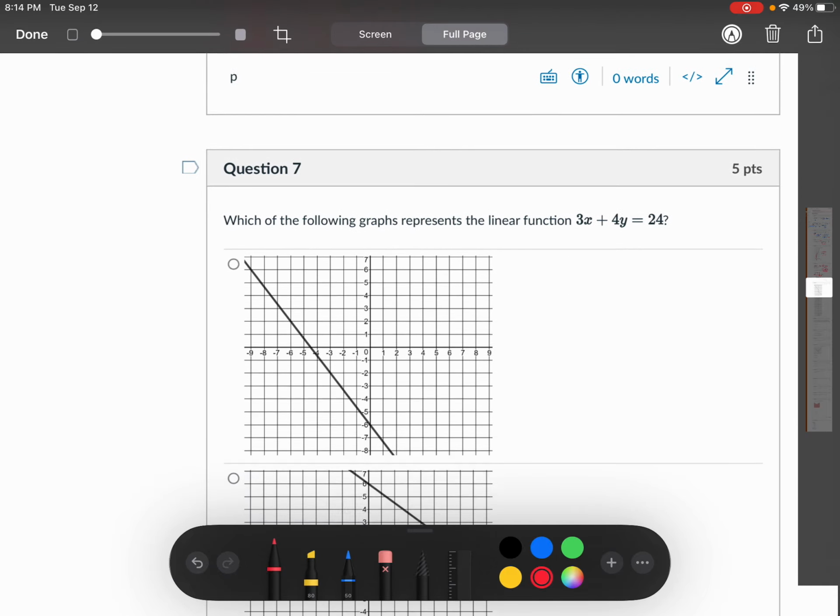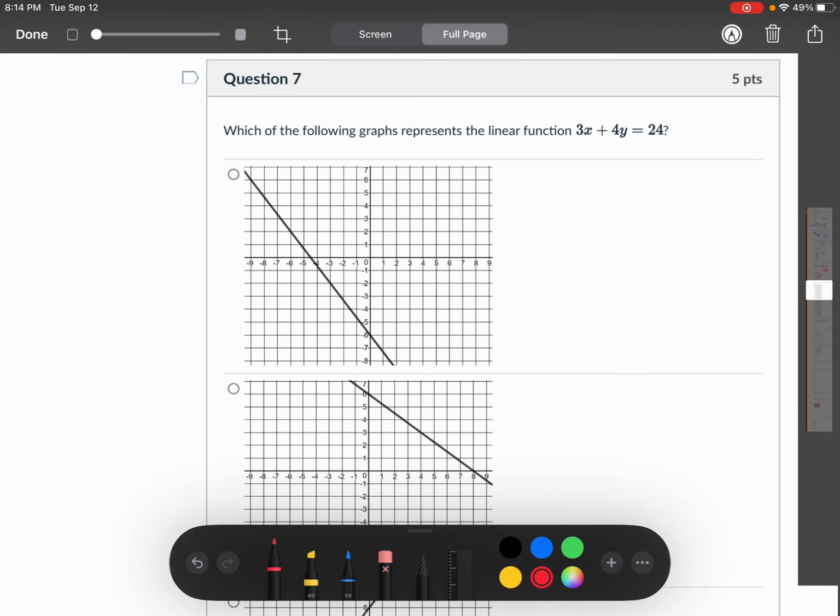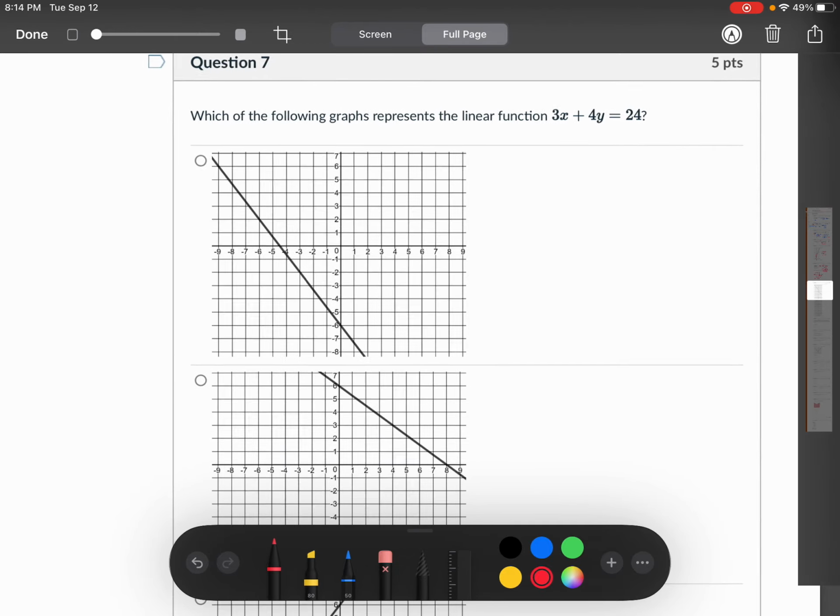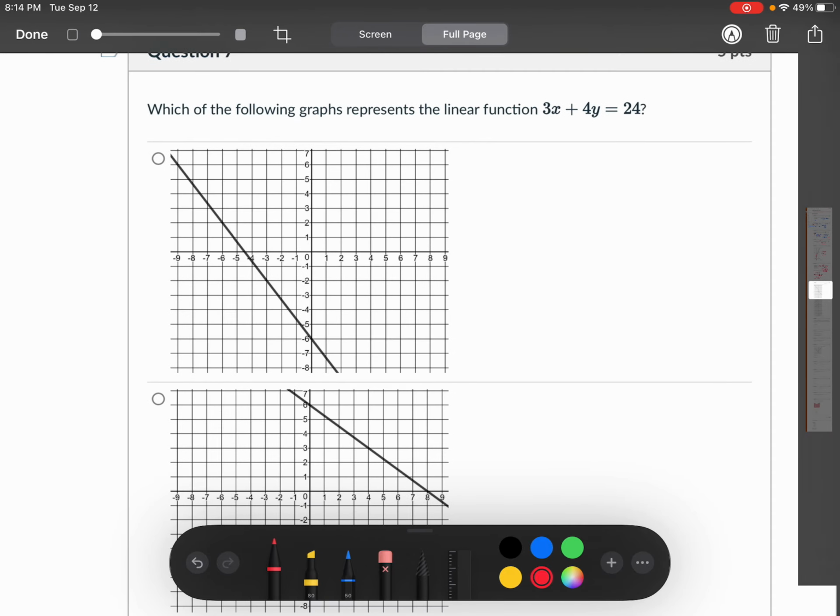Moving on to question number 7. On this one, I would say probably one of the easiest ways you can do this is to solve for y. This is not the only way, so I would start off by subtracting 3 from both sides. Then I would divide both sides by 4.